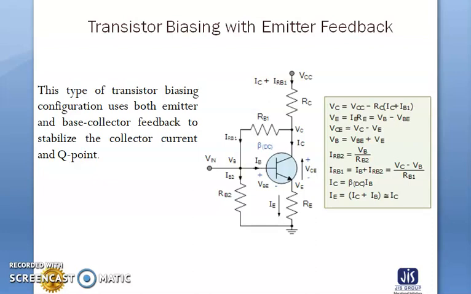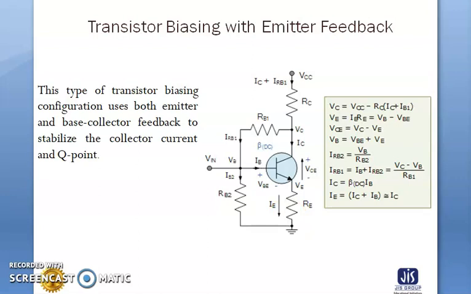This is because resistor RB1 and RE, as well as the base to emitter junction of the transistor, are all effectively connected in series with the supply voltage VCC.